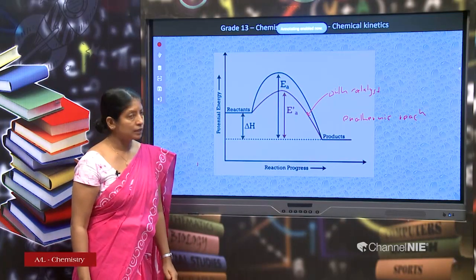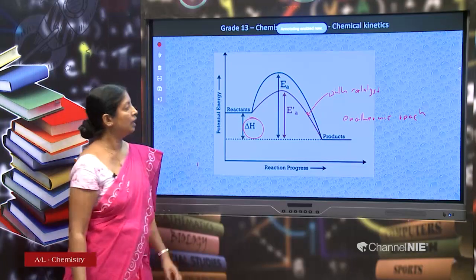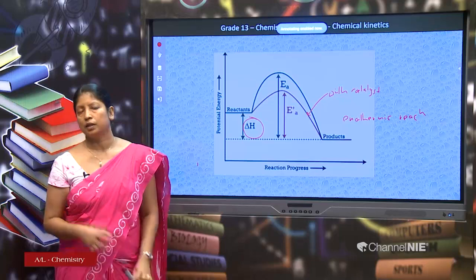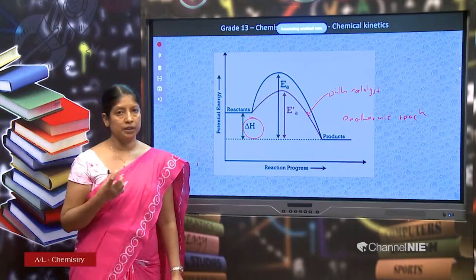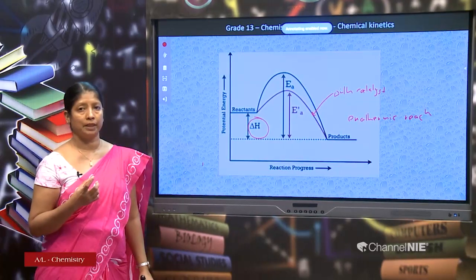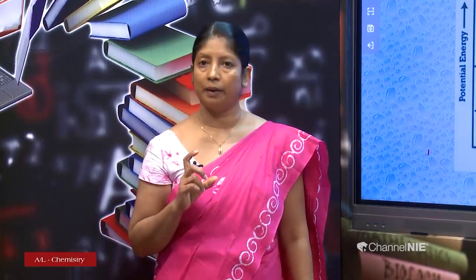When we add the catalyst, does it change? This is the enthalpy change of the reaction. Even in the presence of catalyst, we still have the same enthalpy change. So, one special characteristic of the catalyst is that it does not vary the magnitude or the sign of the enthalpy.